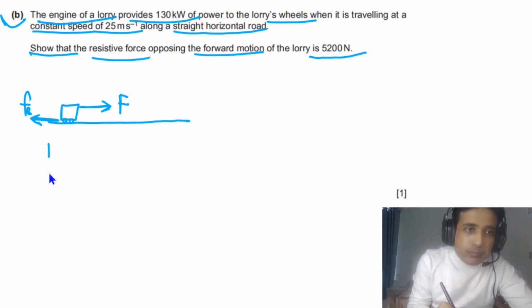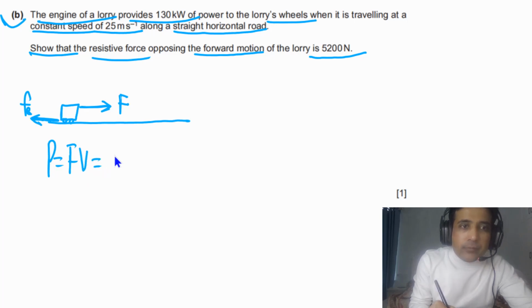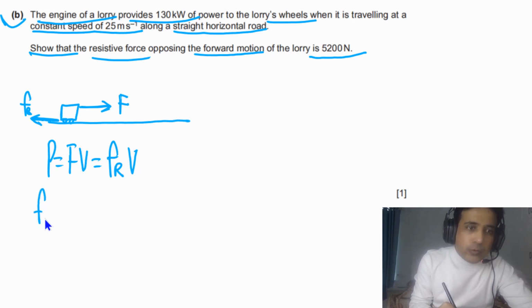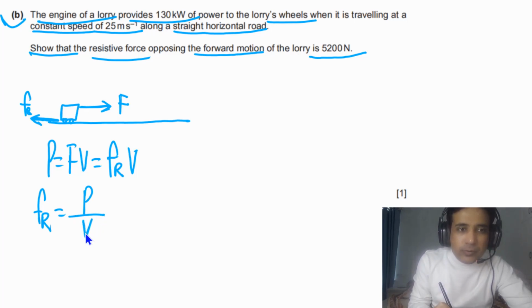So simply we can say power will be equal to F times v, or equal to resistive force times v. We need to calculate in this case the resistive force, Fr. So this is simply equal to power divided by the speed of the lorry. And power is given to us, that is equal to 130 kilowatts.